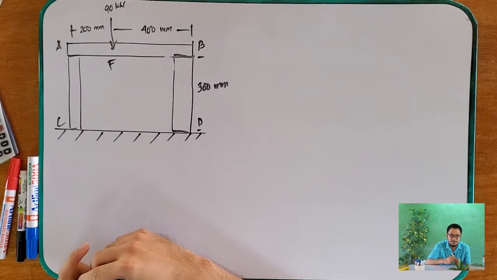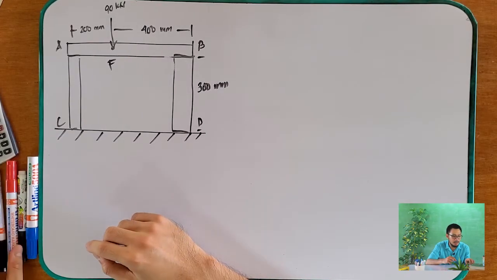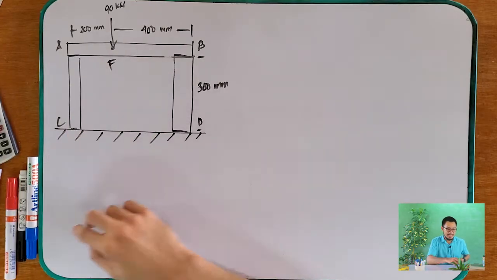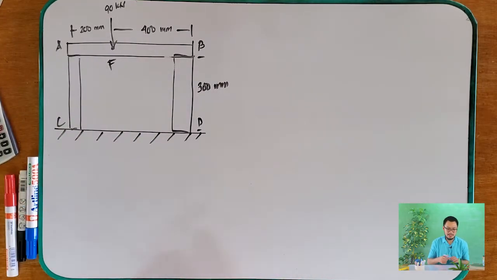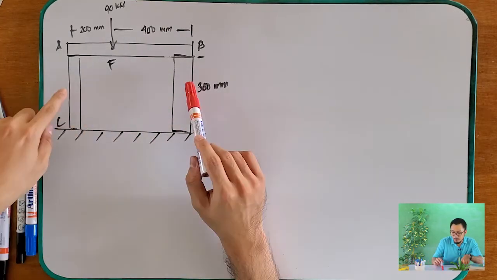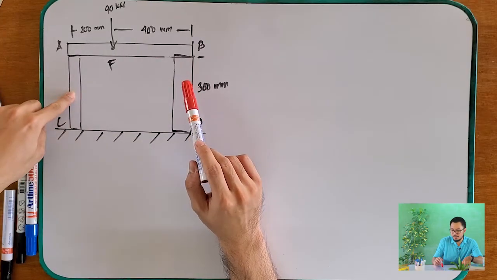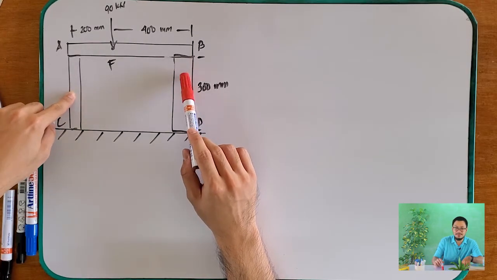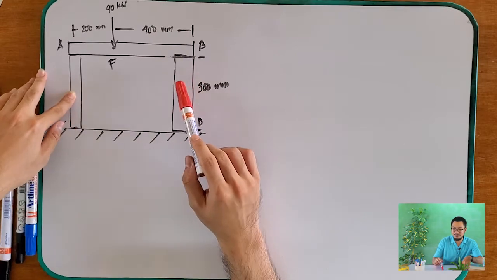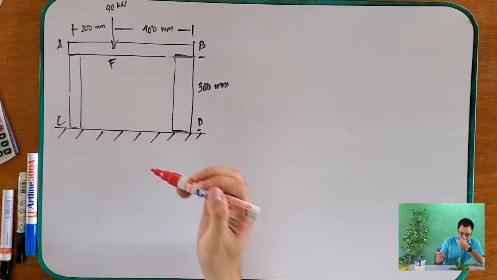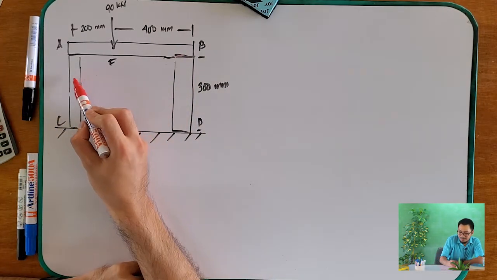The problem is, we all know that it will deform. And what does the deformation look like? Our AC or BD will shorten. But since they have different materials and different cross-sectional areas, then probably this is how it will deform.